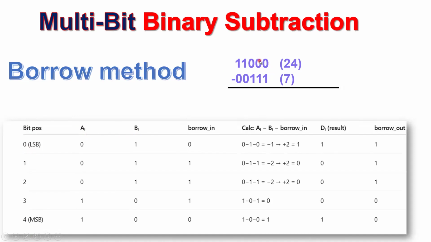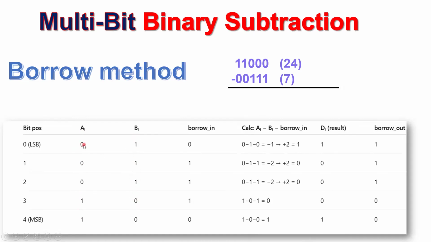So this is A0, A1, A2, A3, and A4. Similarly, this is B0, B1, B2, B3, and B4. That is how we started from the LSB in the column here, and the column here for number B.